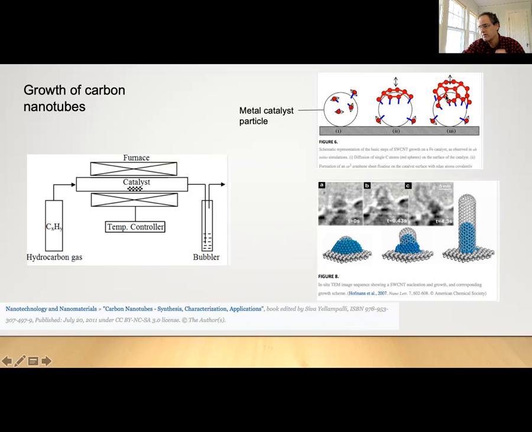And as it continues to grow, it pushes this tube out. And so then the reaction continues to occur at the catalyst, and it pushes a carbon nanotube out from it, grows out from it. Okay? So here's a simulation of what should happen. And then these are electron microscope pictures, which appear to show the growth of a carbon nanotube.